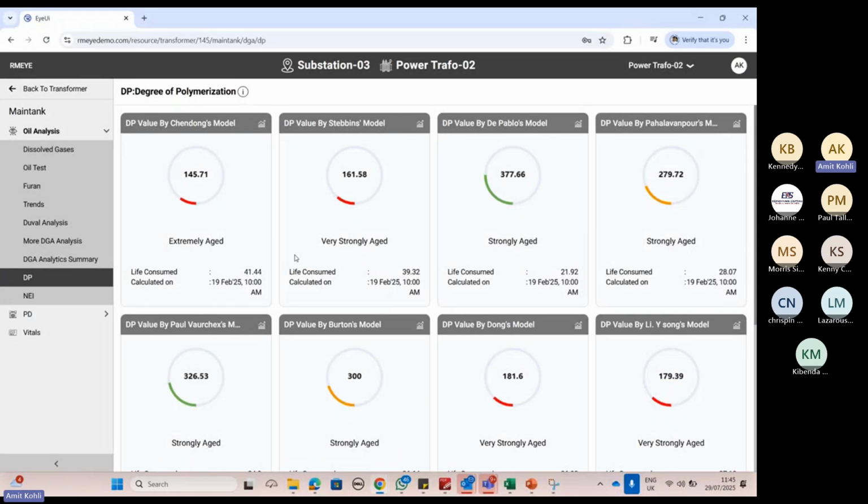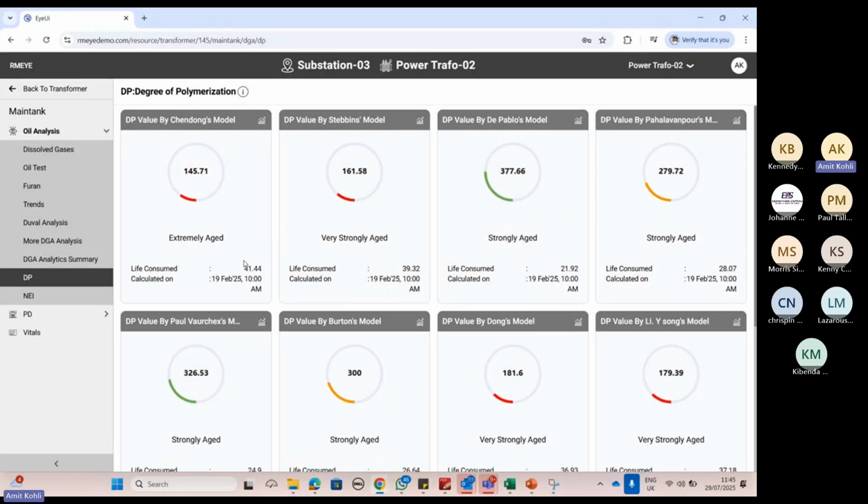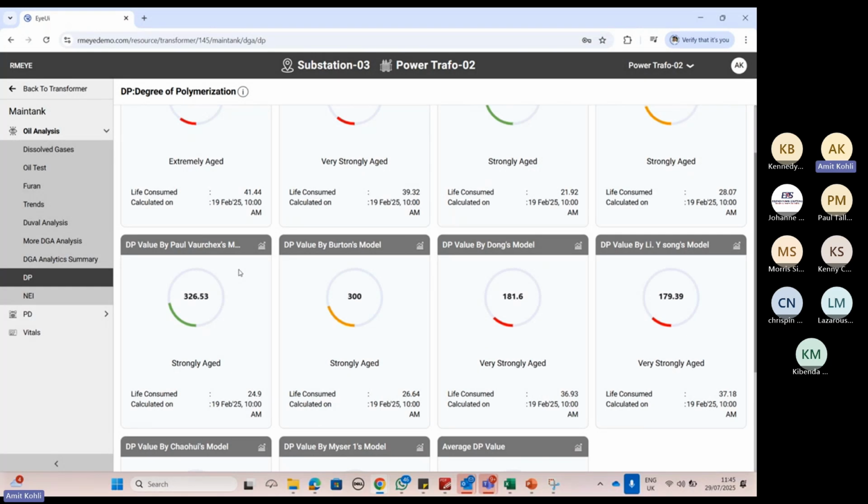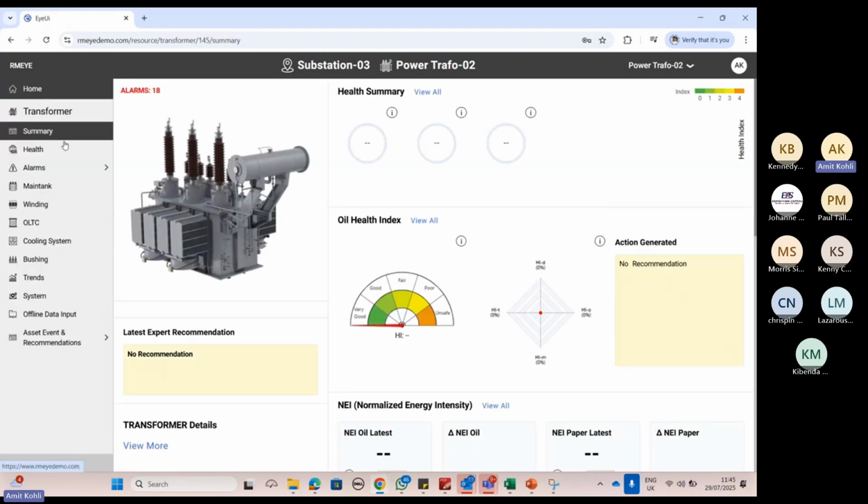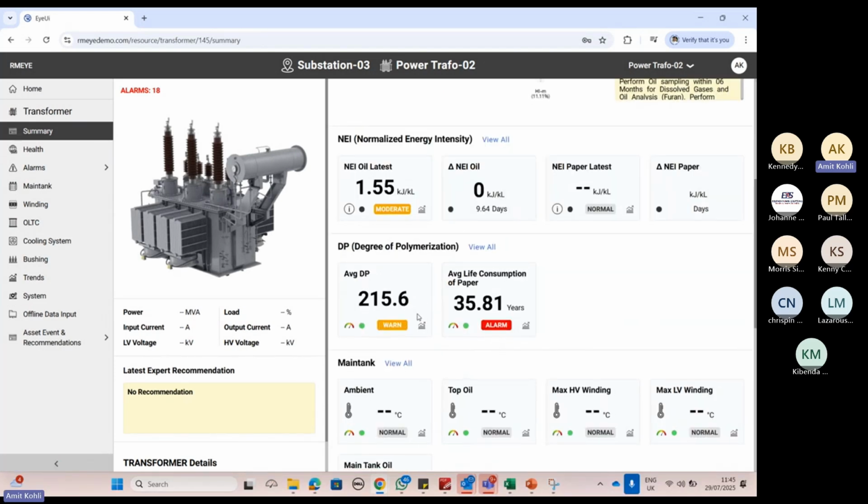We have worked on different kinds of degree of polymerization algorithms, and based on these different kinds of DP analysis, we give our customers the value of the aging of the transformers and when the transformers need to be replaced. So that kind of information is also provided.